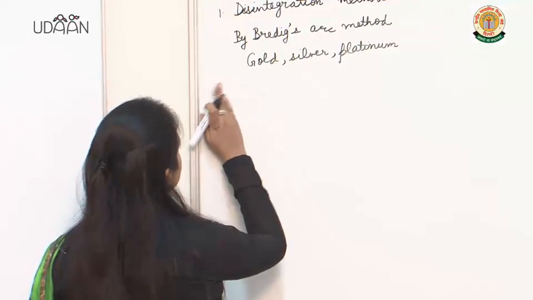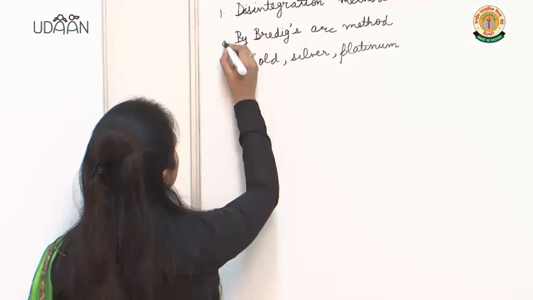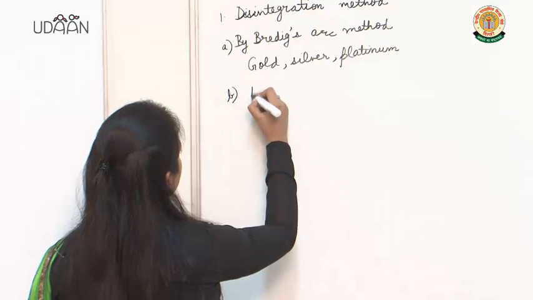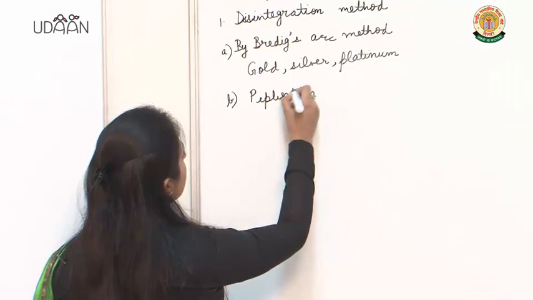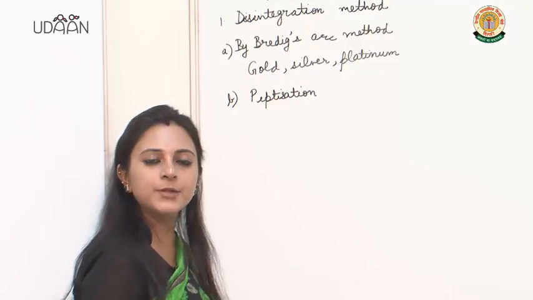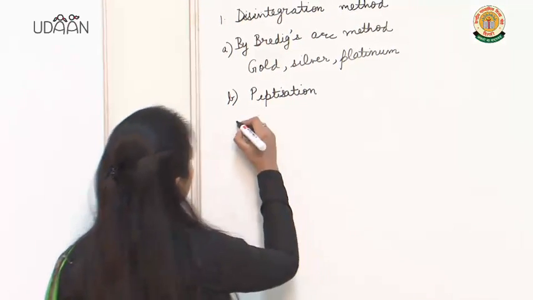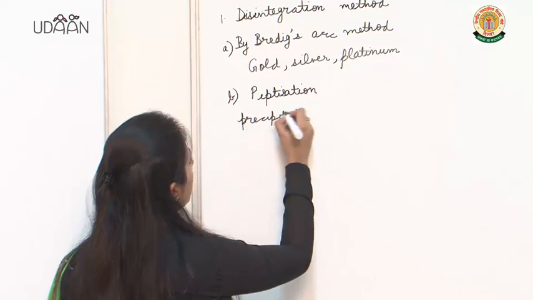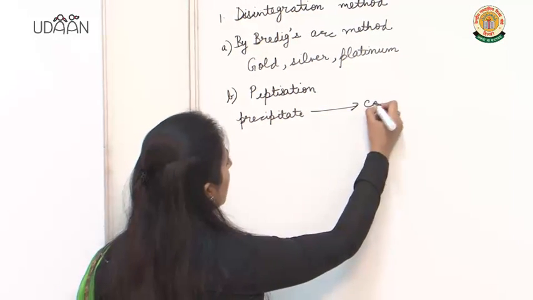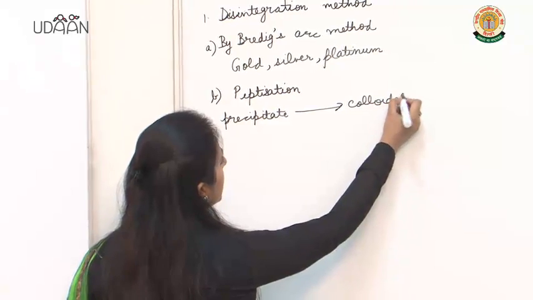Now next method is peptization. It is also a disintegration method. What we are doing in peptization, we are converting precipitate into colloidal sol by adding electrolyte.